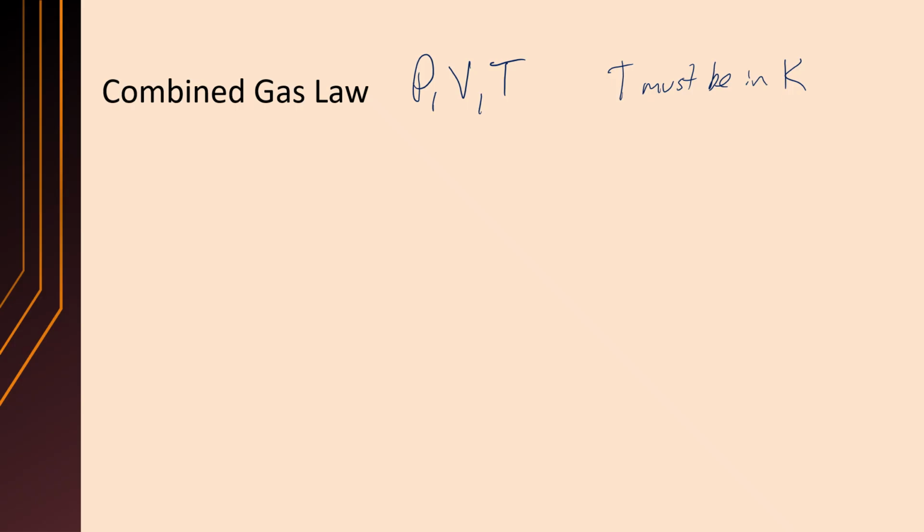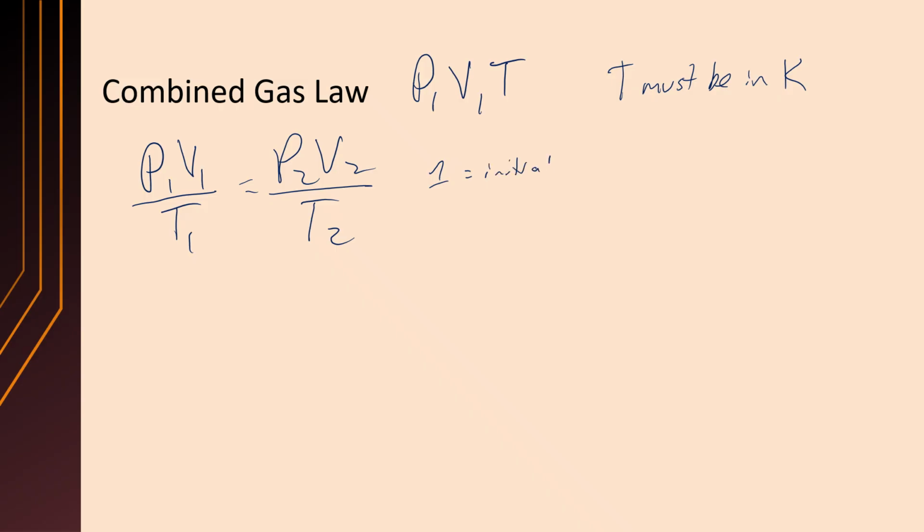The actual equation, which you should be familiar with, has the pressure, the volume, and the temperature, with temperature on the bottom. So I say P1 V1 over T1 is equal to P2 V2 over T2. We can assume that 1 is for your initial conditions and 2 is for your final conditions. Or you can just say your first set of values versus your second set of values.